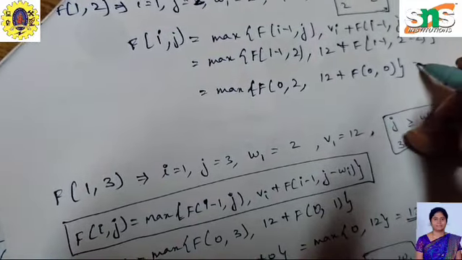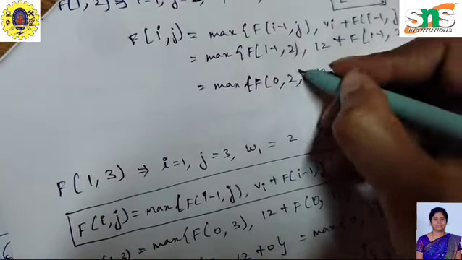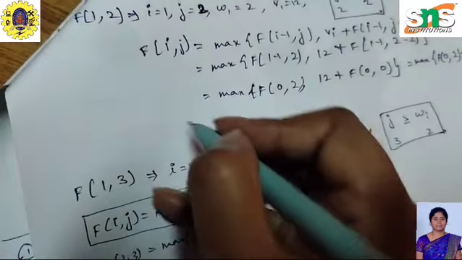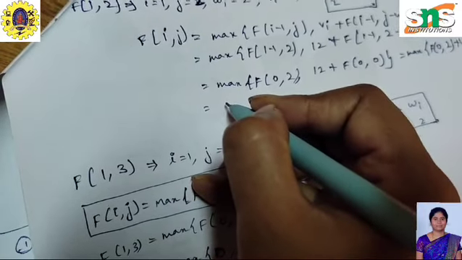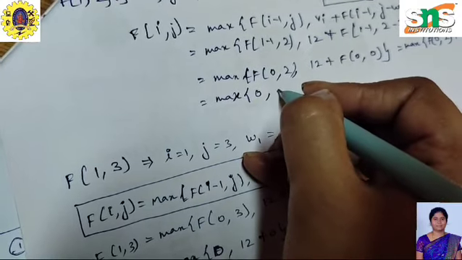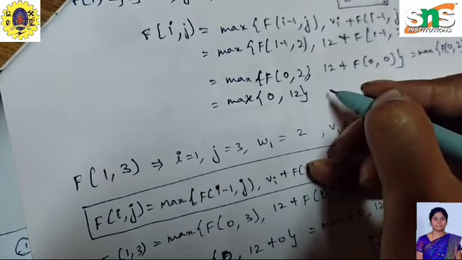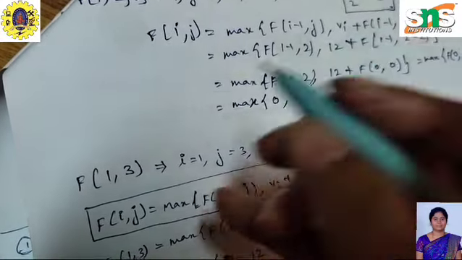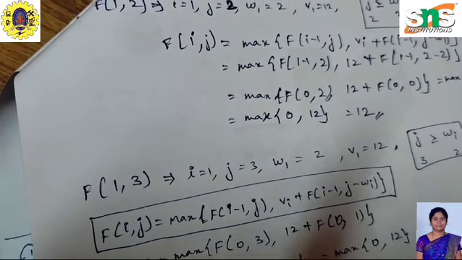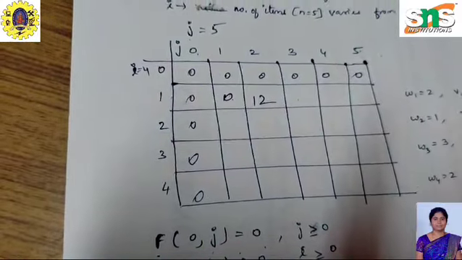Here f of 0 comma 2 is 0, and the other is 12. The max of 0 and 12 will be the answer. So for 1 comma 2 I am supposed to write 12 in the table.